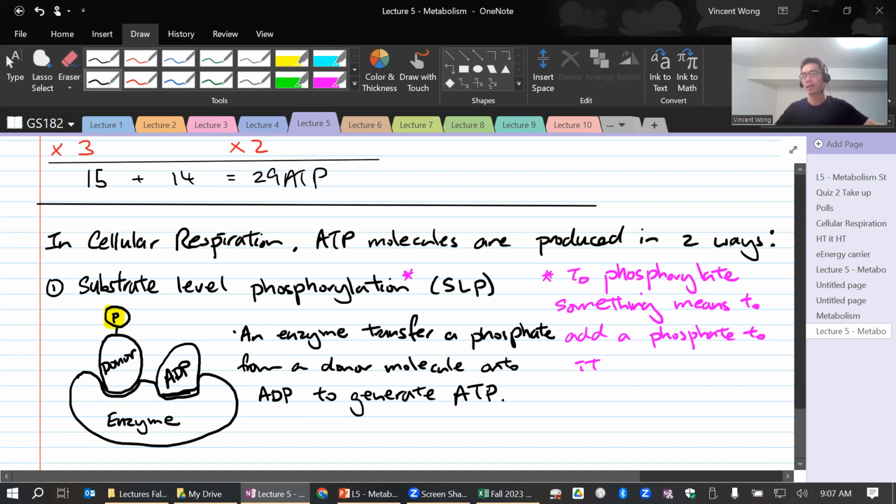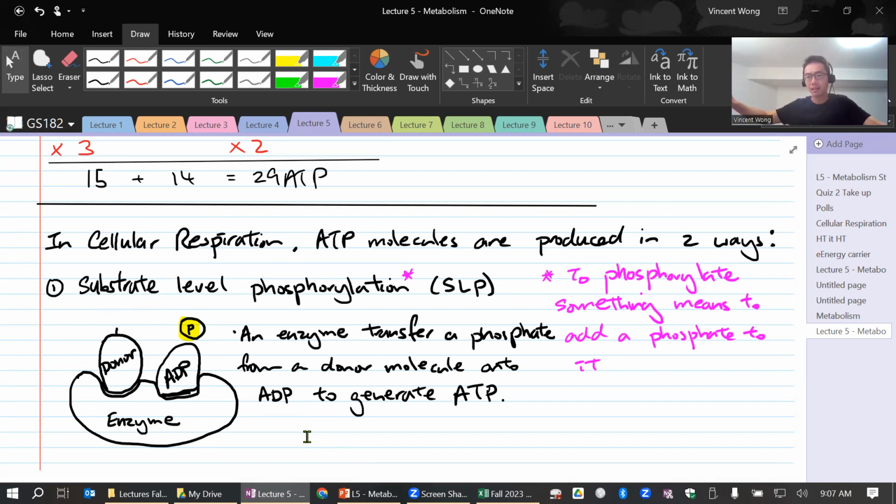I'm not gonna draw another diagram, but basically it looks like this. The enzyme literally rips the phosphate off from the donor and pops it onto ADP. Of course, after ADP picks up the P, it becomes ATP, right? Adenosine triphosphate. Do you understand that?